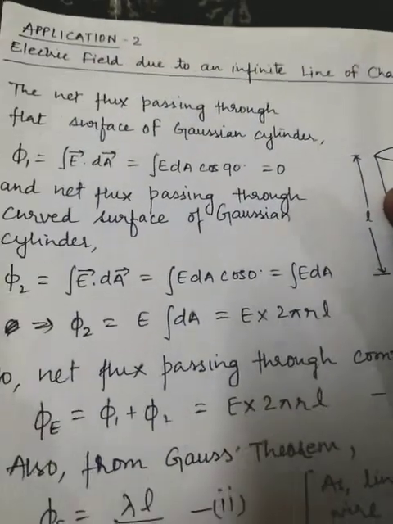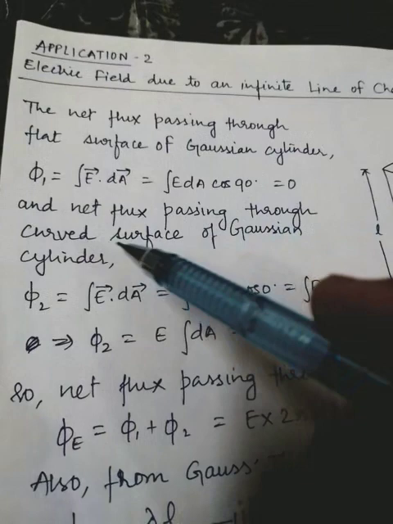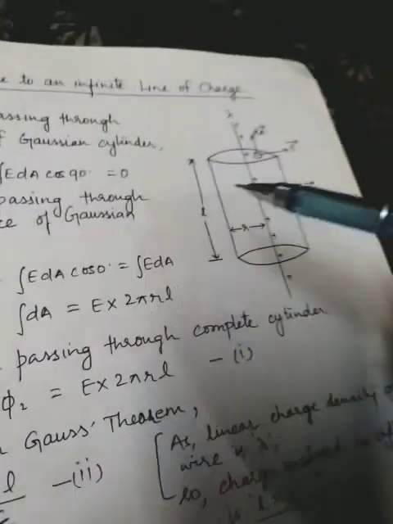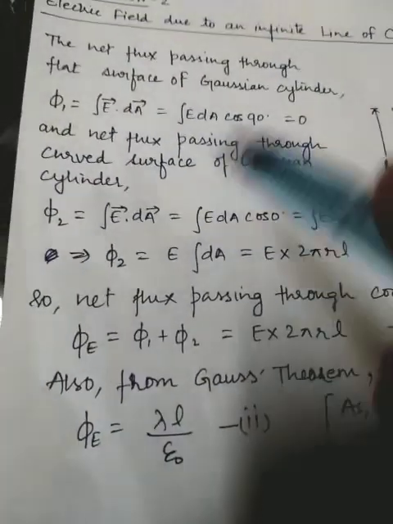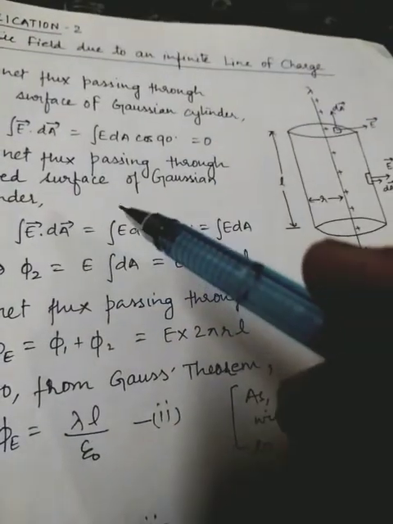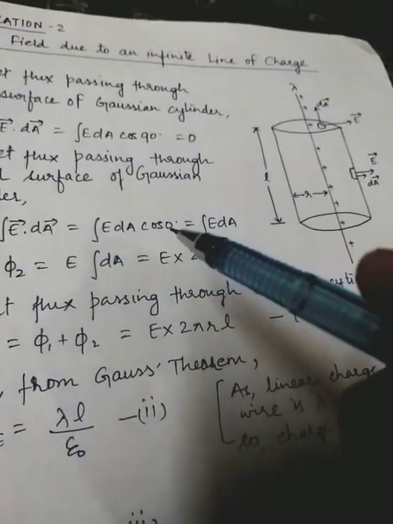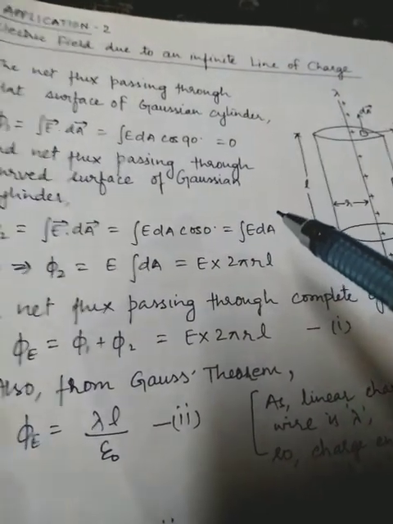So the flux passing through the flat surface will be 0, and the net flux passing through the curved surface of Gaussian cylinder, means this curved surface of Gaussian cylinder, angle is 0. So phi 2 is equal to integration E vector dot dA vector is equal to integration E dA cos 0, and cos 0 is 1, so it will be integration E dA.